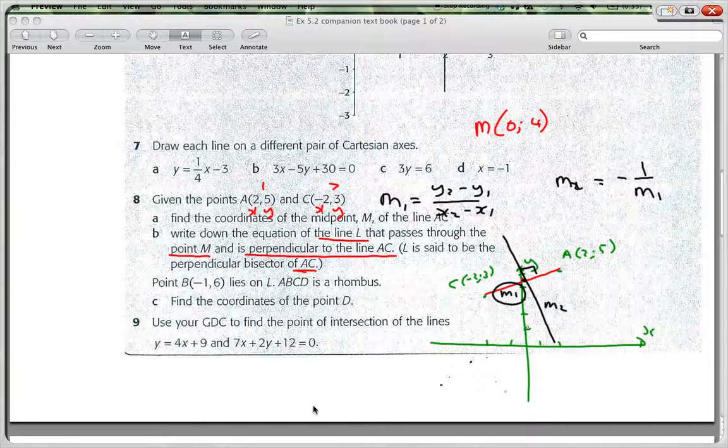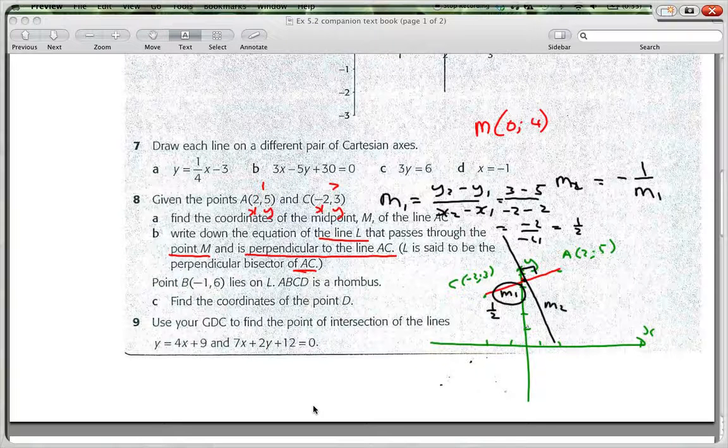So that's going to be 3 minus 5 divided by -2 minus 2, like that. So you're going to get -2 over -4, so it's minus divided by minus, positive, so it's going to be a half. So your slope M1 is equal to a half.